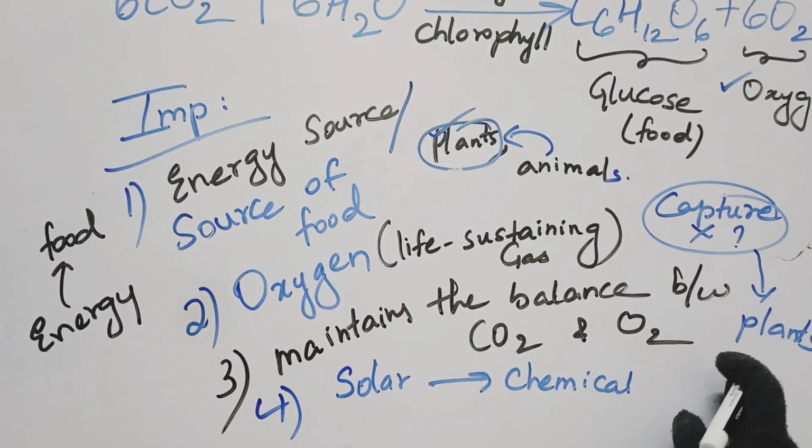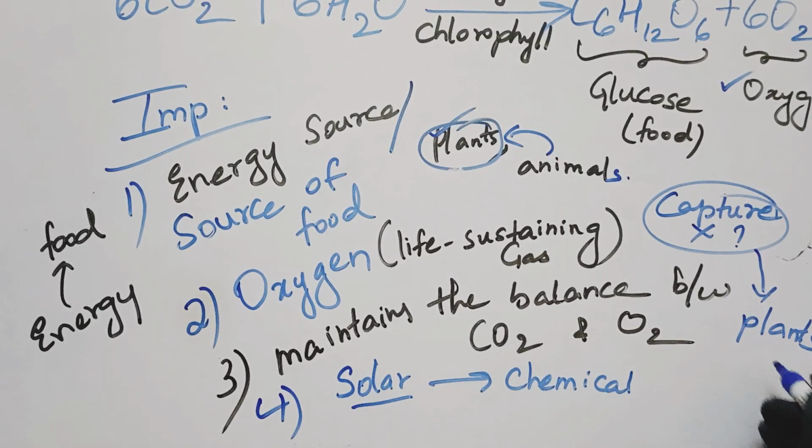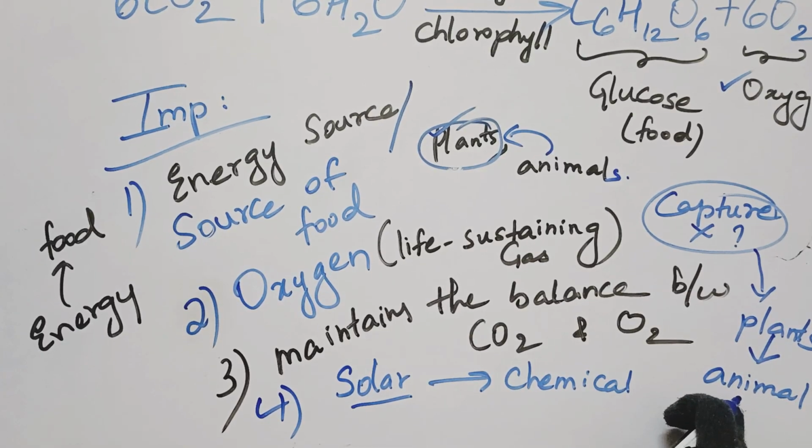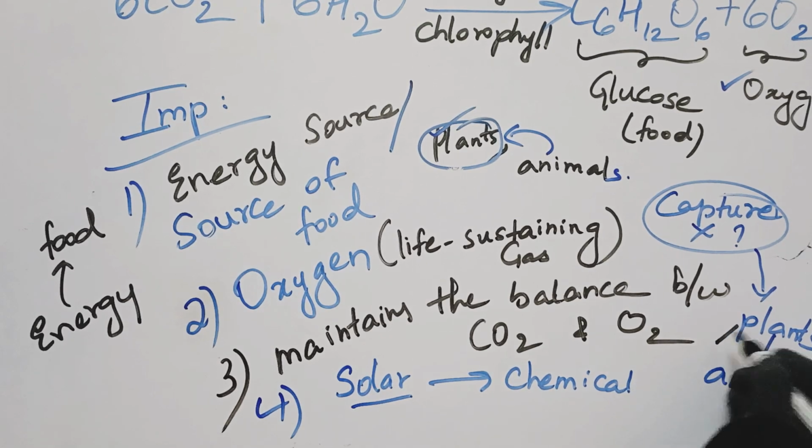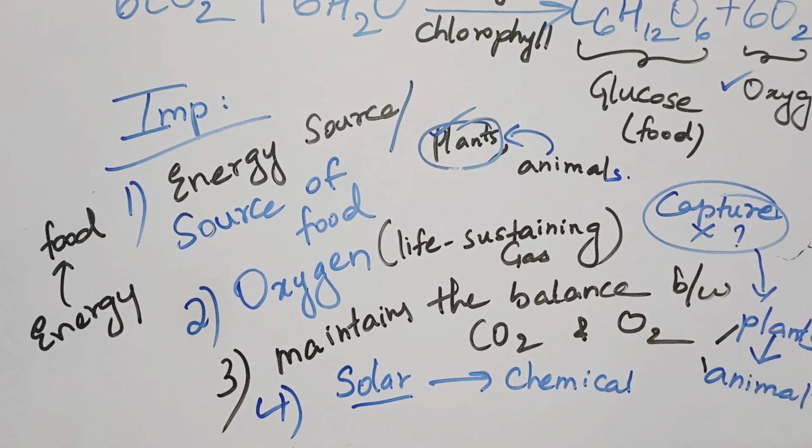Means inside the food, what is there? Solar energy is there. If any animal eats a plant, this animal will get the solar energy, and when we eat either this plant or this animal, whatever we eat, plant or animal, we will get this solar energy.